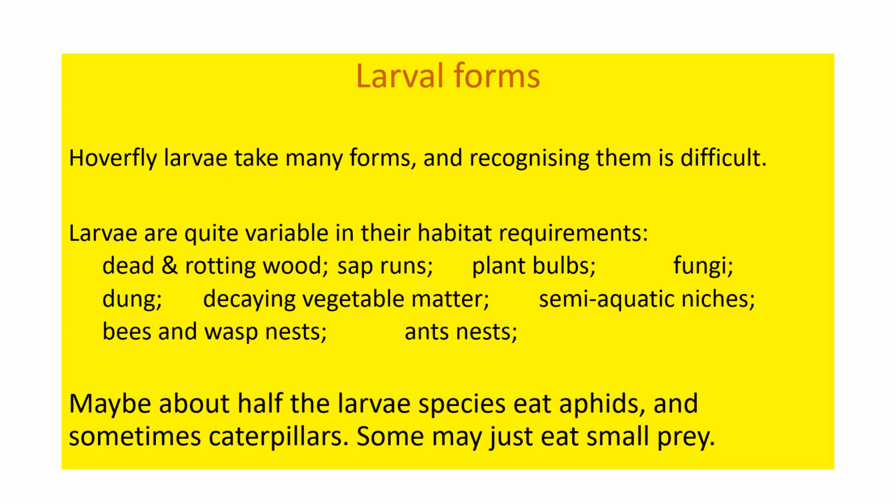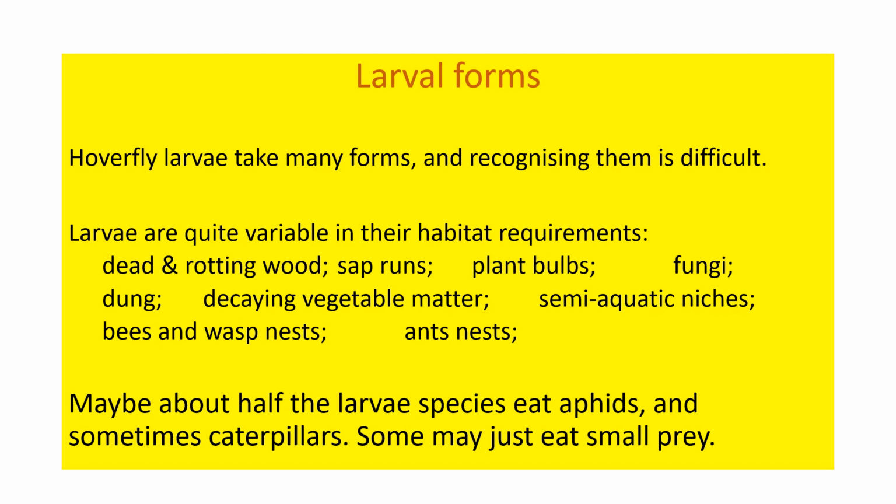This is an area perhaps where even less is known. The larval form is a really obscure area, and there are very few people in the country who know much about it and are able to identify a hoverfly from its larval form. The habitat requirements vary a great deal, as does where you might find larvae.